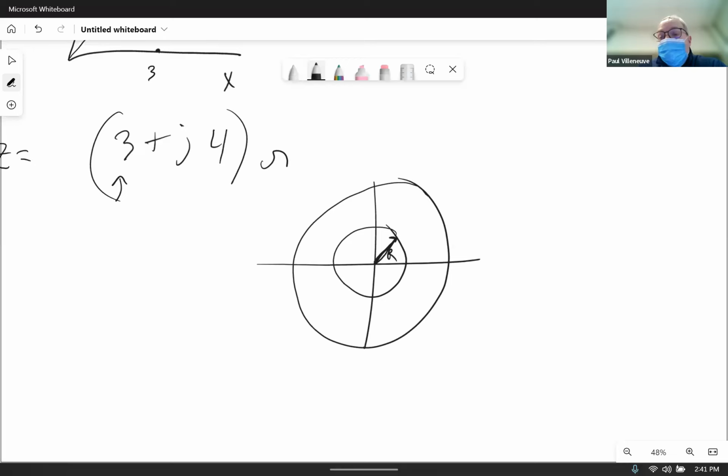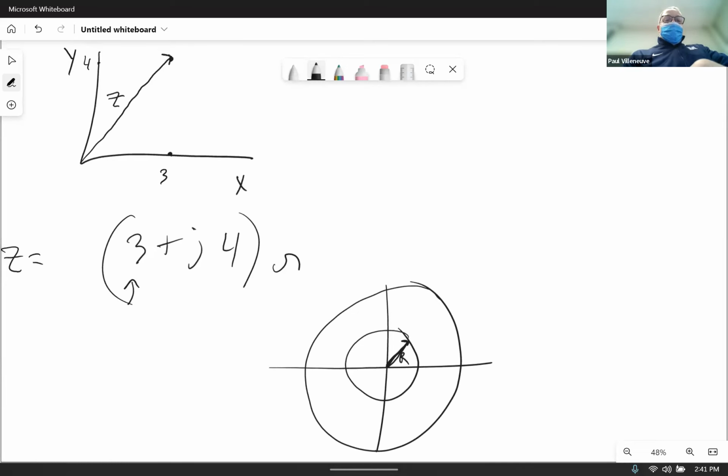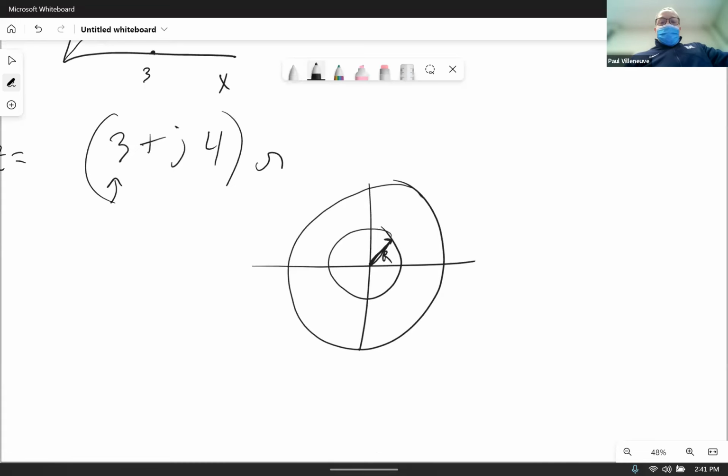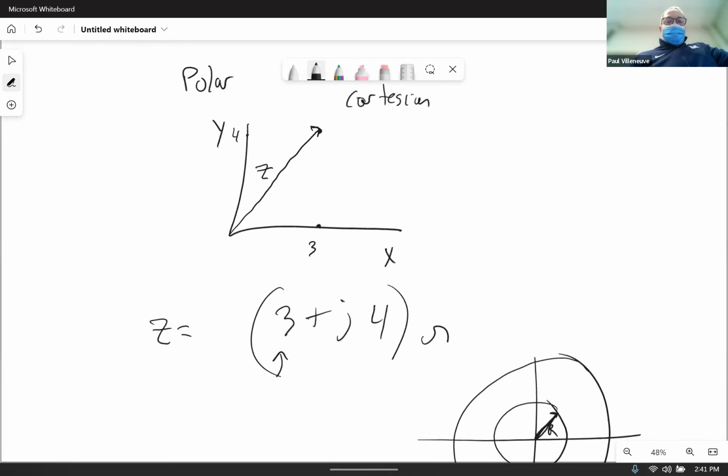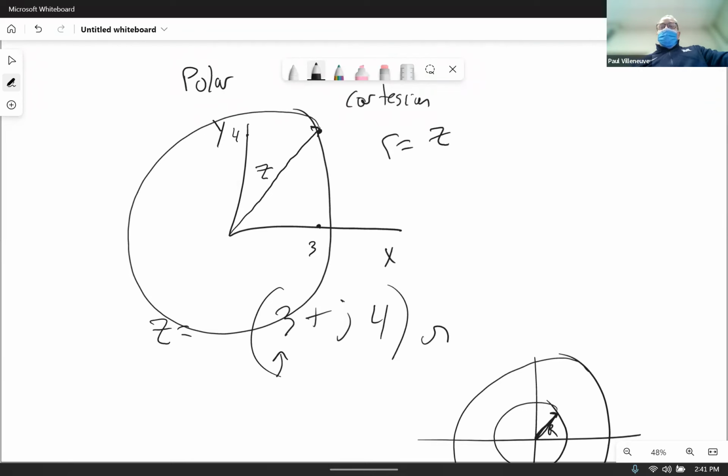But the problem is that gives us just the magnitude of a circle. What I'm really interested in is getting to the same point, because this vector terminates at that particular location. So if I wanted to get to 3, 4, I can draw a circle whose radius is going to be equal to Z. That's the first part.